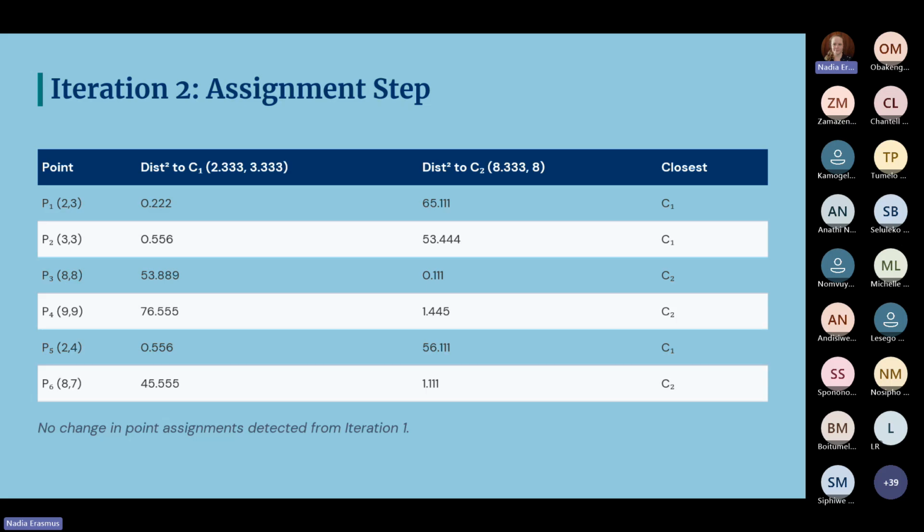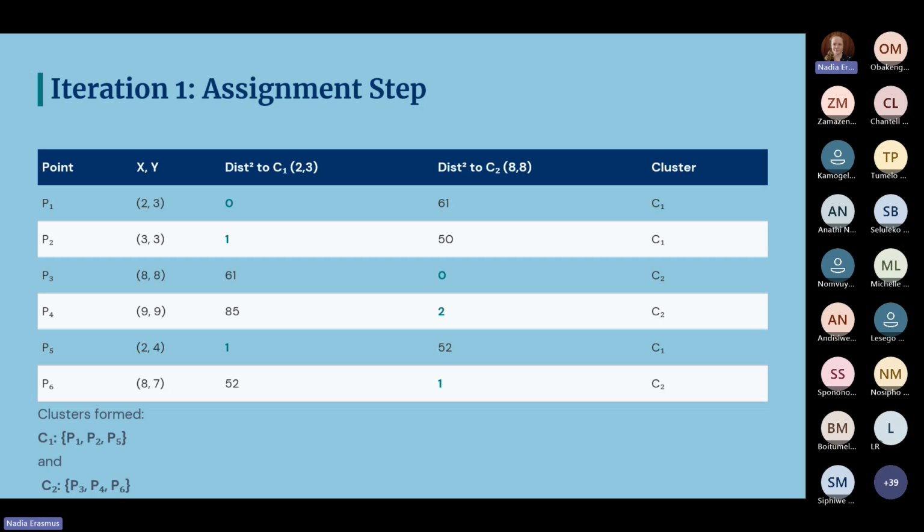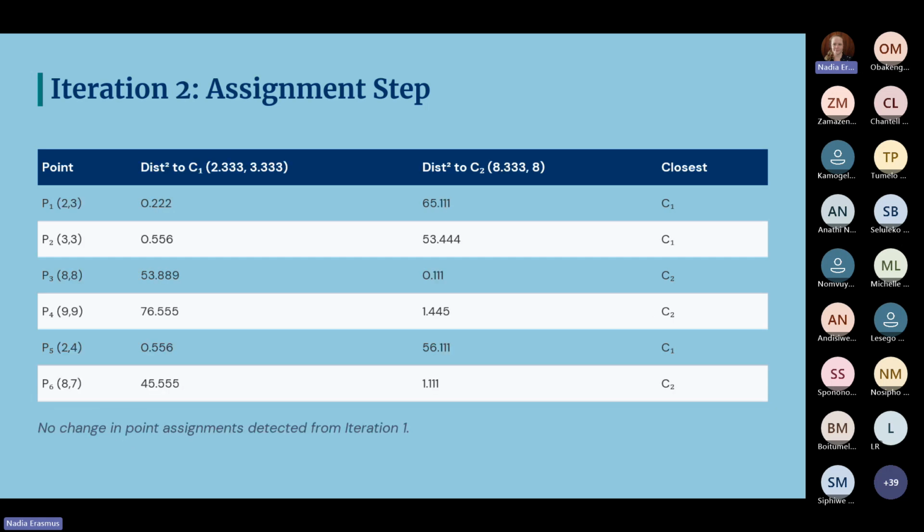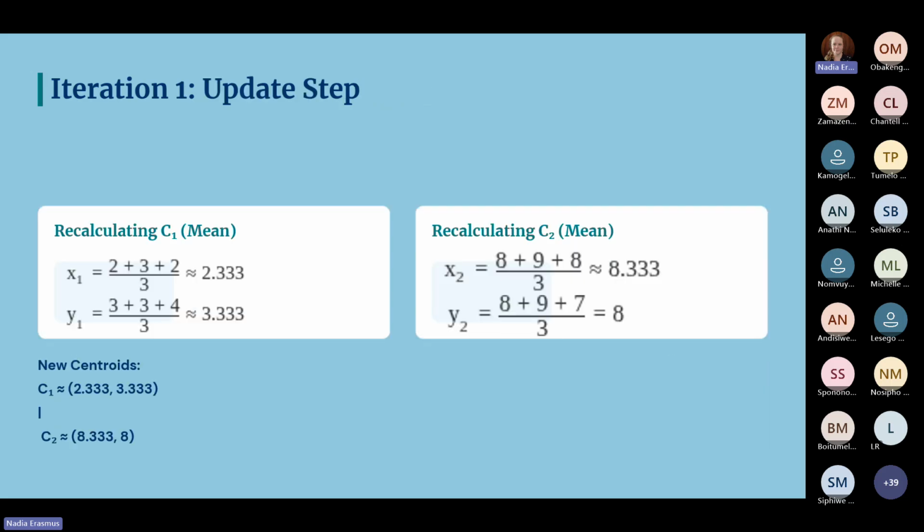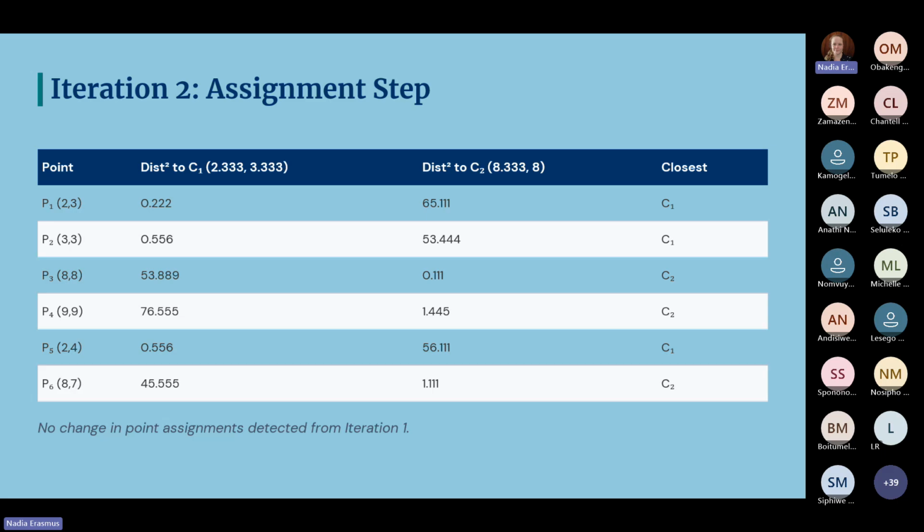So that would mean that this clustering is still the same. We can say that there were no changes in the clustering detected from the first iteration, because this is our iteration 2. So it doesn't help to recalculate the centroid because you're just going to get the exact same values that you already have.